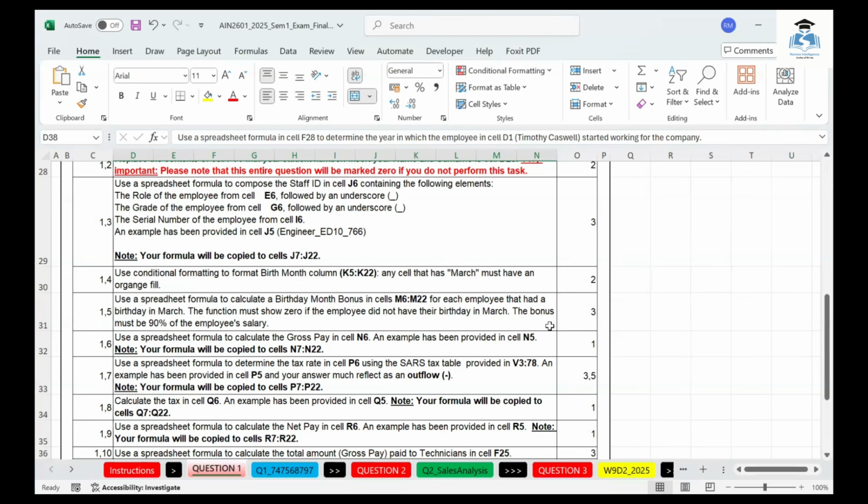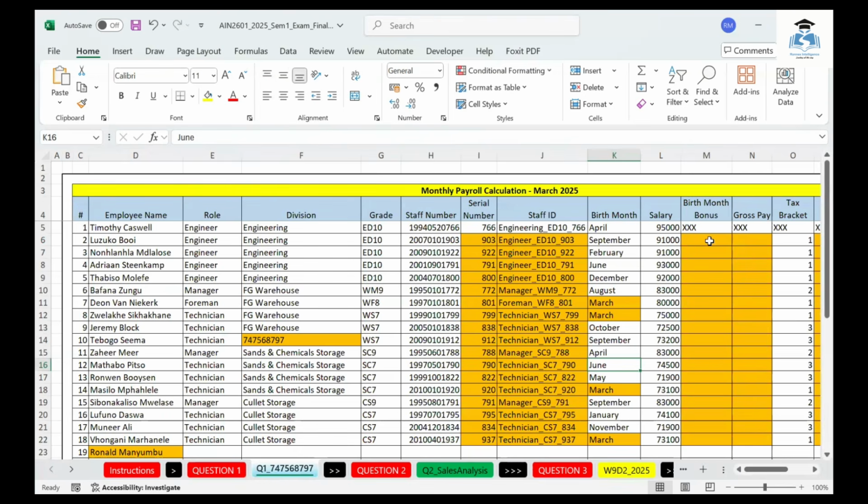The bonus must be 90% of the employee's salary. So how do we do it? Where are you guys?